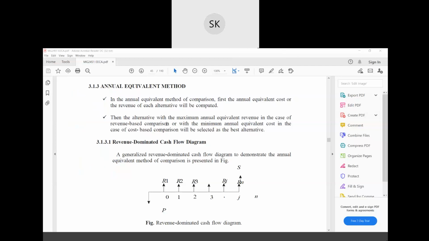Then the alternative with the maximum annual equivalent revenue in the case of revenue based comparison. And when you do cost comparison, you have to select the minimum annual equivalent cost. The alternative which is giving the minimum cost will be the best alternative.